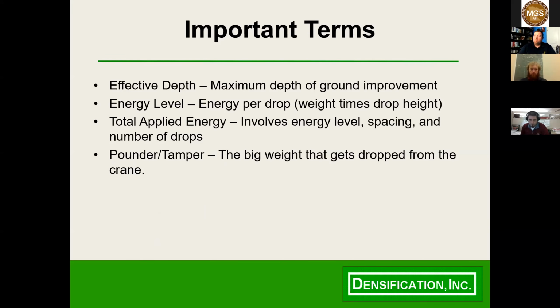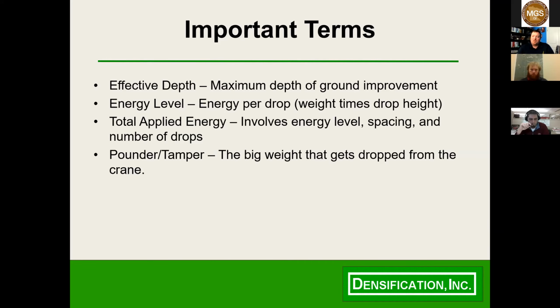All right, so a couple terms that I'll probably reference as we're going through, just to keep in mind. When we're talking effective depth, we're talking about the depth of improvement that we're targeting. There are two ways of looking at energy. The energy level is your weight and your drop height, and that's your energy per drop, generally in ton-feet.